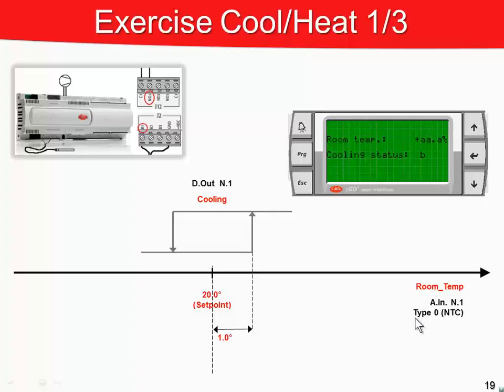Let's suppose to use an NTC sensor, and I will compare this temperature with a fixed regulation point, a set point of 20 degrees and a fixed differential of 1 degree, in order to manage an on-off stage like this. This stage represents the status of the cooling, and I will use it to drive the digital output, that is the relay number 1.